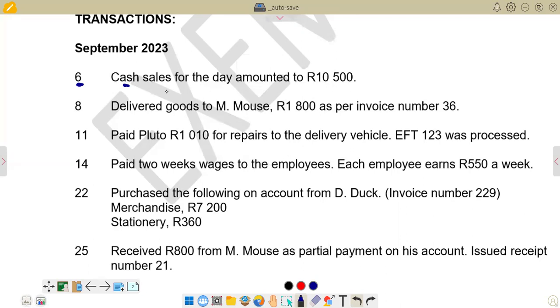These are sales, so we have 10,500 that we are going to put in the column for sales. But in the column for cost of sales, remember we said our cost price plus our markup gives us the selling price. In our question, we have 100% and we added our 50% to get 150%.